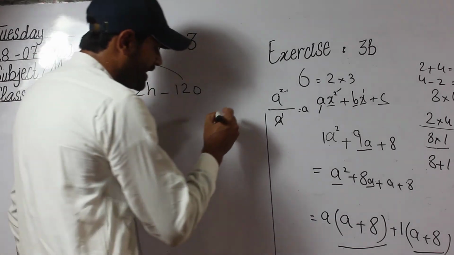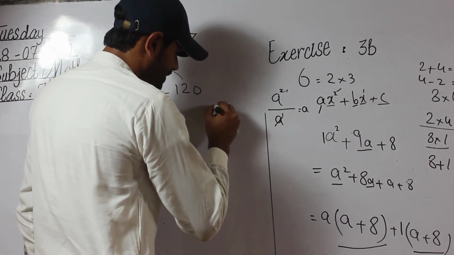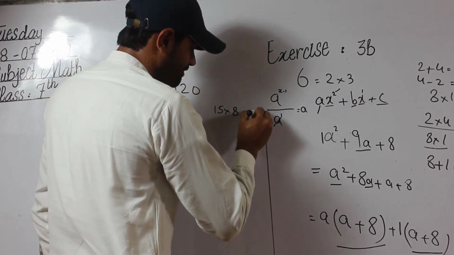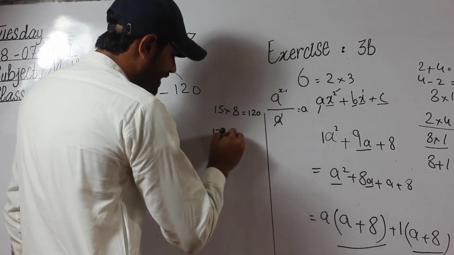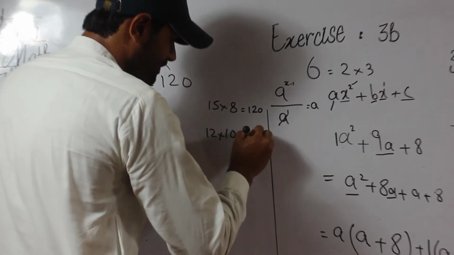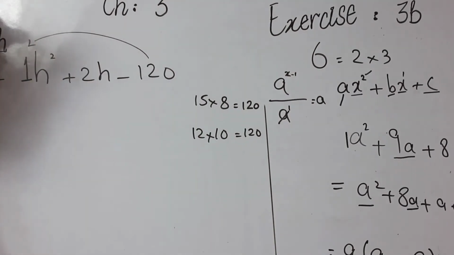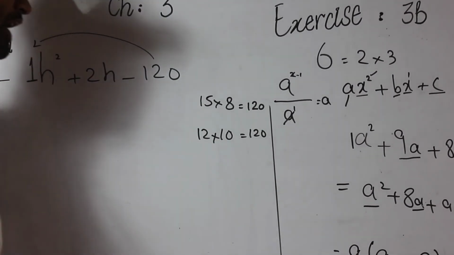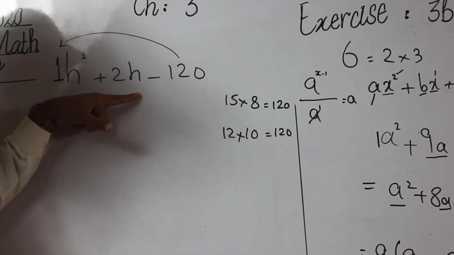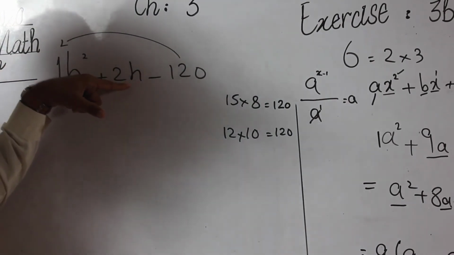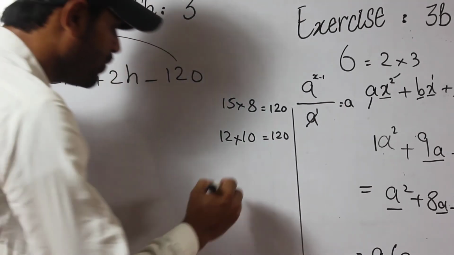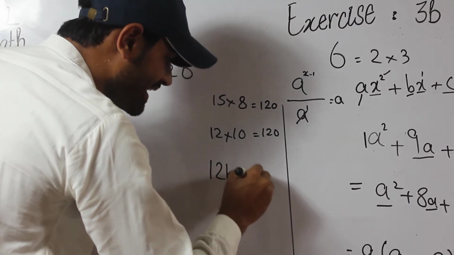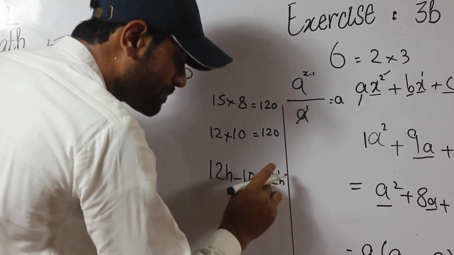In my mind, 15 eights are 120, and 12 tens are 120, and there are also many other numbers whose product is 120. But the useful ones for me, according to this expression, are those that give 2a. So 12a minus 10a is equal to positive 2a.